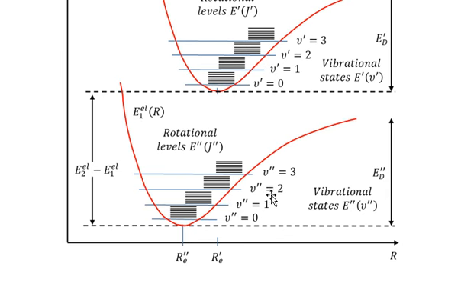So in the lower electronic state, the vibrational levels are specified with V double prime, and the rotational levels are specified by the quantum number J double prime. And I have specified ED double prime also, which is the value of the energy that you will supply to dissociate the molecule. So ED double prime is the dissociation energy of the molecule.